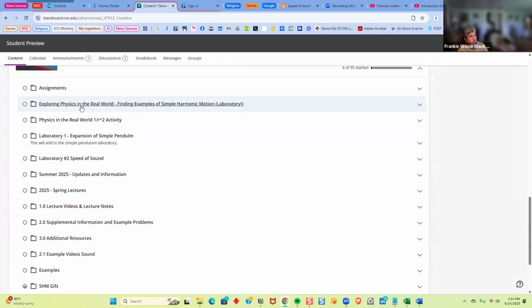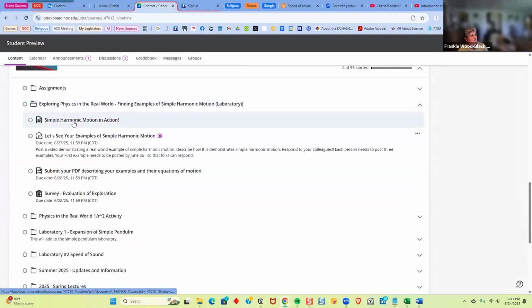So what I want you to do under this exploring physics in the real world, you're going to find simple harmonic motion in action in your environment. Get creative. The more creative, the better. Sometimes simple harmonic motion is in a very slow time period, and hopefully you can think of some things that are very slow.